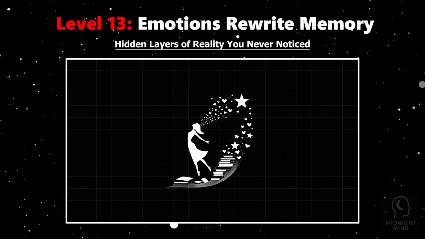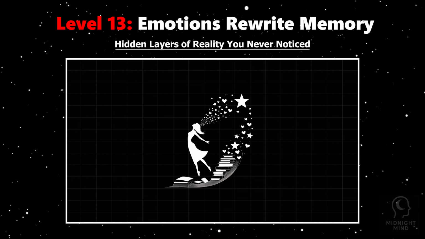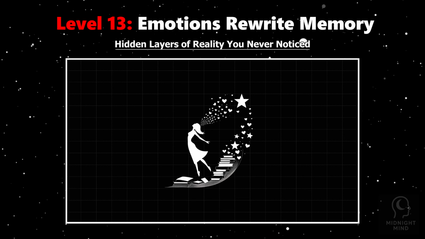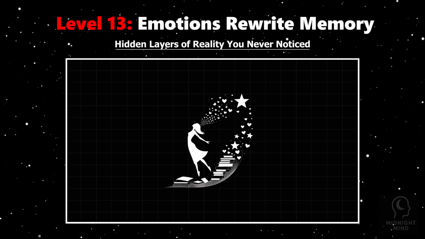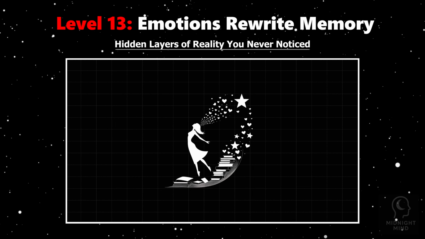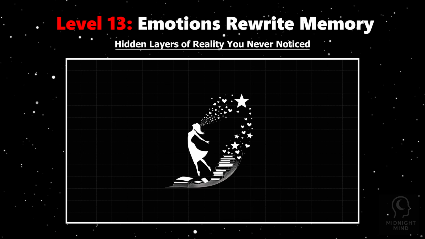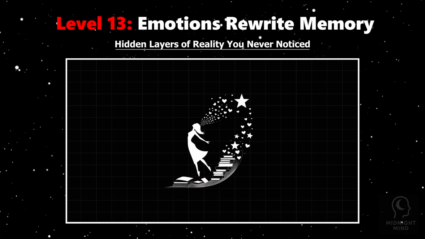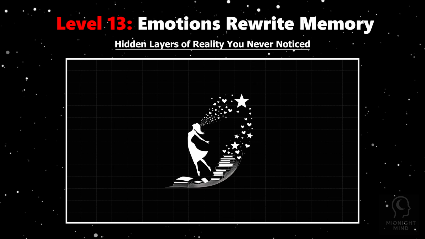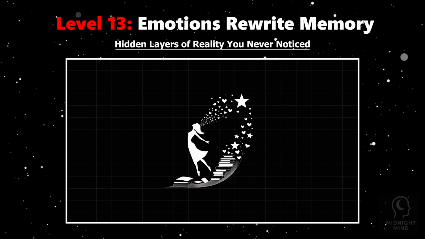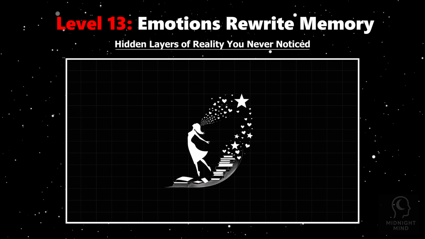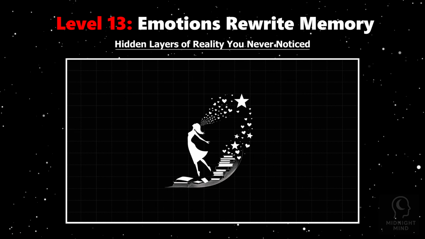This process explains why eyewitness accounts vary, why revisiting trauma can alter its impact, and why your personal history feels so fluid and alive. Emotions aren't just reactions. They are active architects of your past, shaping your identity by coloring what you remember. Understanding this reveals that memory is less about truth and more about the emotional meaning we assign, forever rewritten by the shadows of feeling.